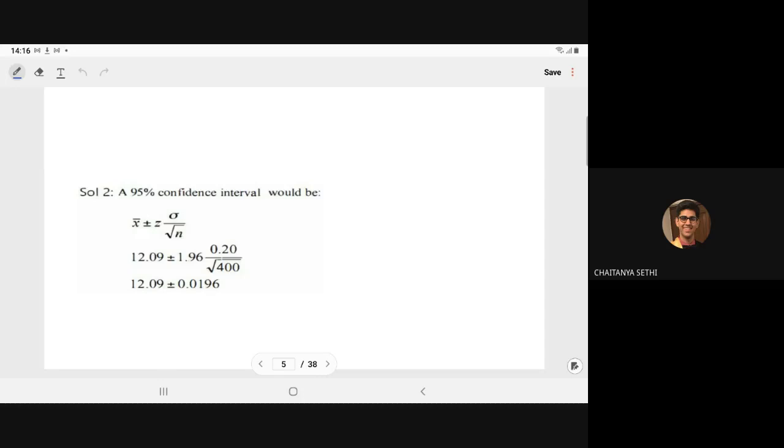and due to that the 95% confidence interval will become x bar plus minus z alpha by 2 sigma upon root n.